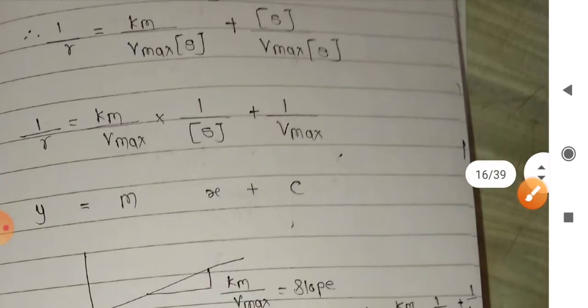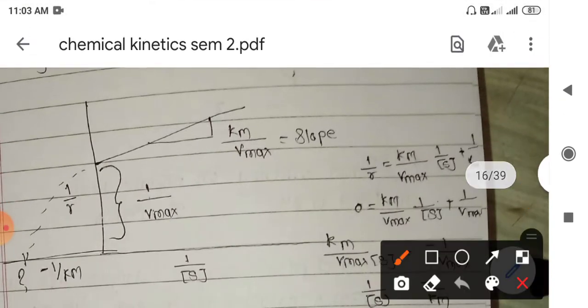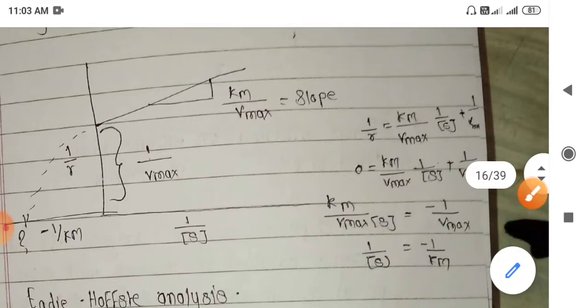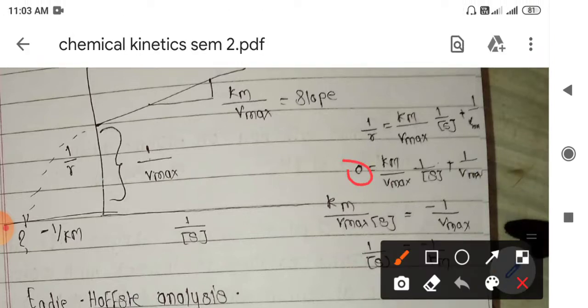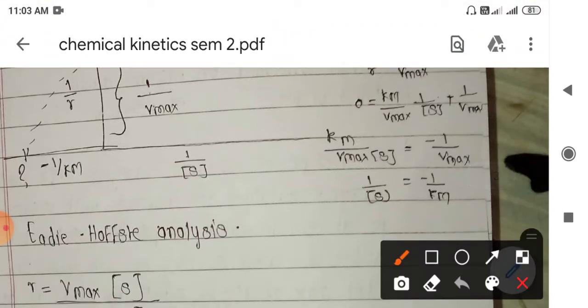Now next, what is the x-intercept for the given equation? How will you find the x-intercept? To get the x-intercept, we simply put y equals 0. When we put that in the equation, we get Km upon Vmax into 1 by S plus 1 upon Vmax equals 0.